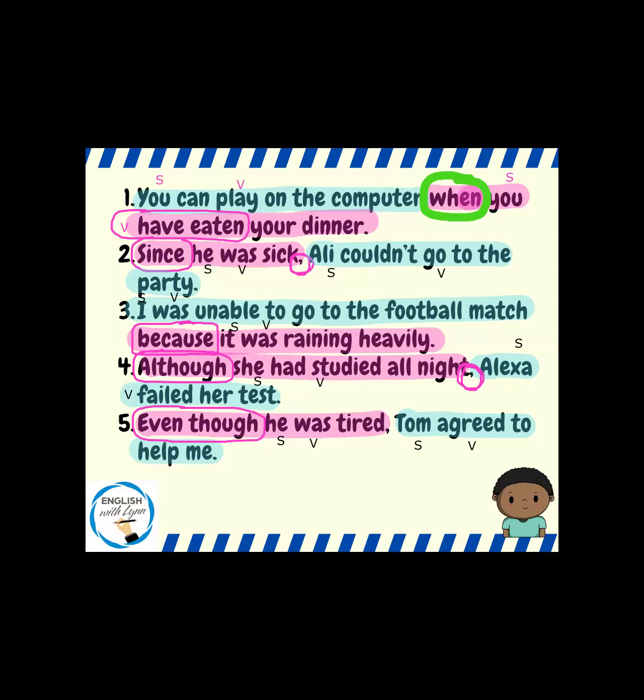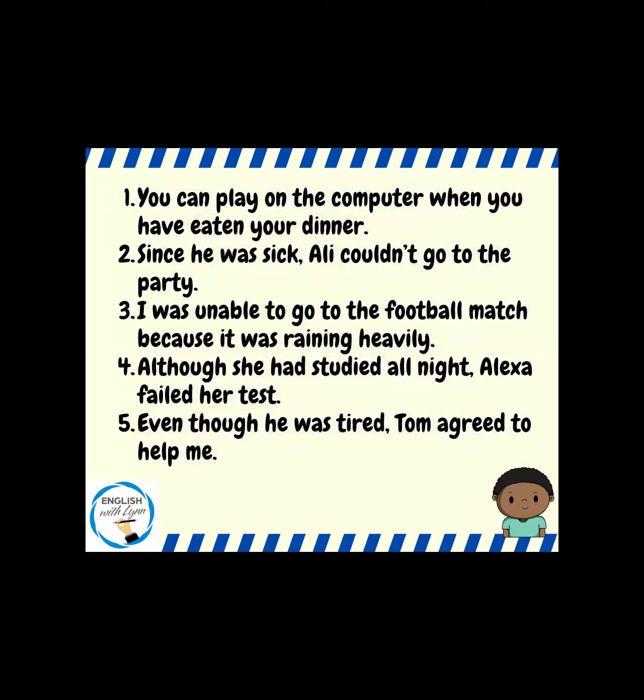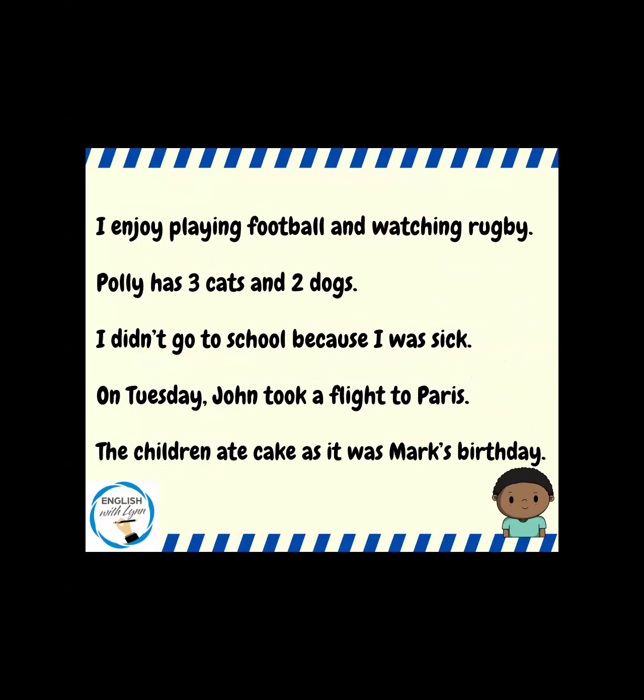Now, the next bit is just to see if we are able to spot the different types of sentences. So the next one here, I need to have a look. Is it a simple sentence? Is it a compound sentence? Or is it complex?